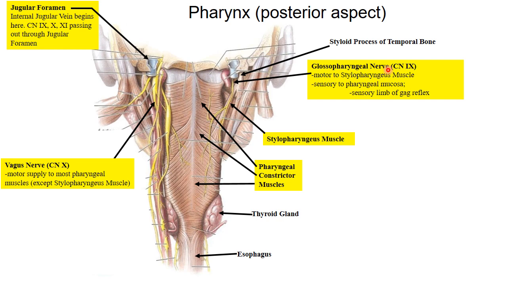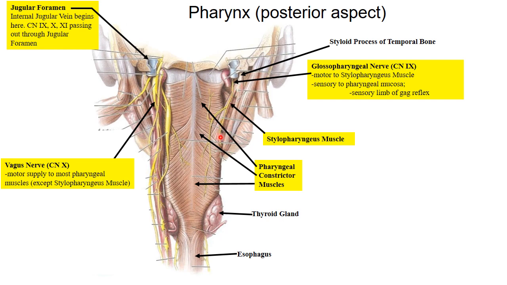Okay, it is motor to smooth muscles. Ultimately, we've already said it's preganglionic parasympathetic to the parotid gland. So I'm not saying there isn't a visceral motor component to it. There is a visceral motor component, but this is the only branchial motor component to it. It's only supplying the only muscle derived from a somite or a branchial arch.